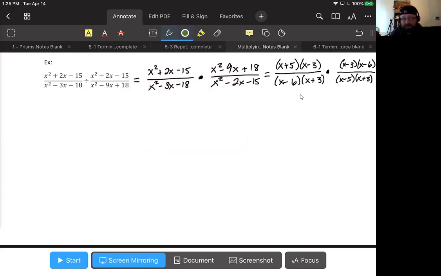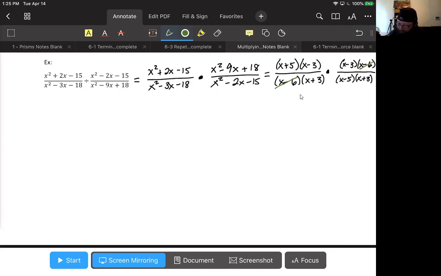Once everything is factored, we remove any common factors from top to bottom. So we can cancel the x minus 3. Oh, I lied. No, we can't. Let's try that again. We can cancel the x minus 6's. And that is it.